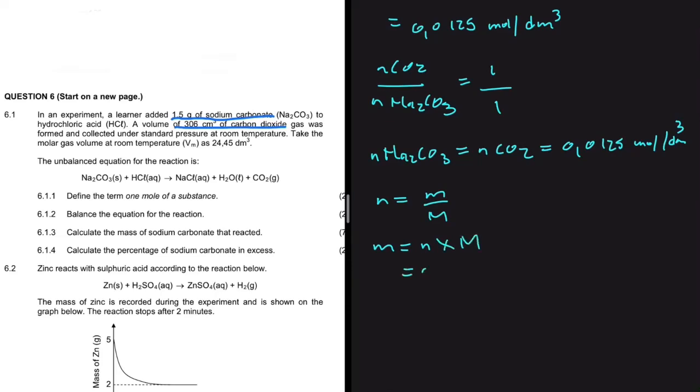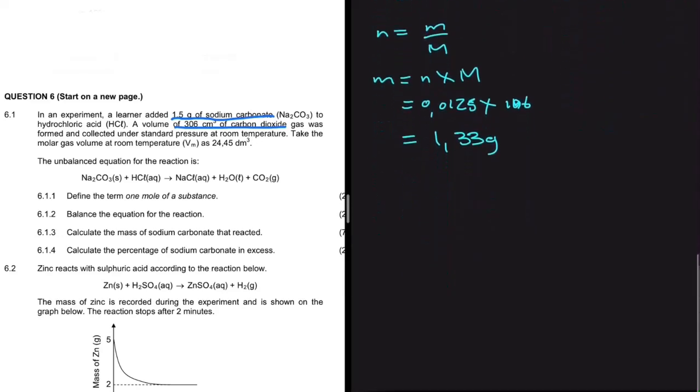So we're going to have 0.0125 multiplied by the molar mass of Na2CO3. It's 106. You can verify that on your periodic table, right? And then the answer we get is 1.33 grams, right? So that's the mass of Na2CO3 that reacted, right?